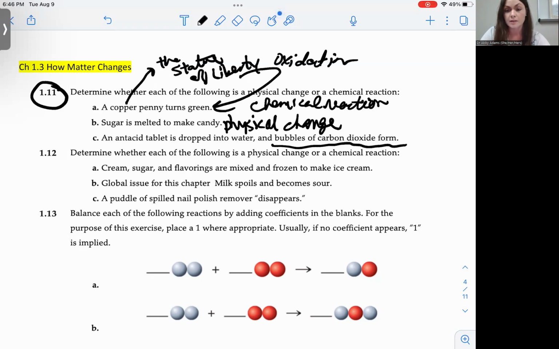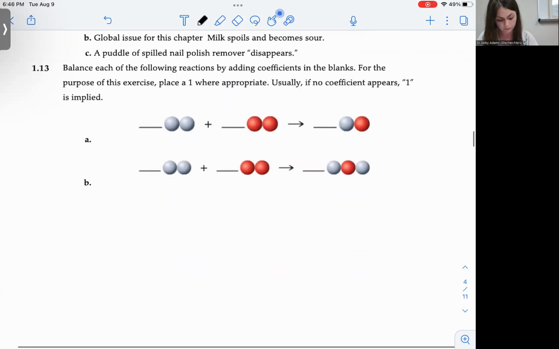That is a chemical change. Carbon dioxide is being formed, okay? That is the product. So that is a chemical change that can be written with a chemical equation. That's a chemical change. All right. Moving on.